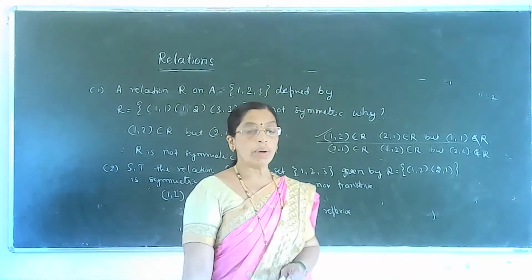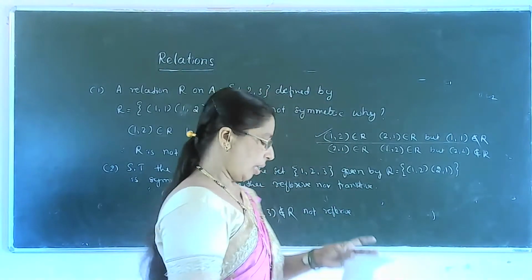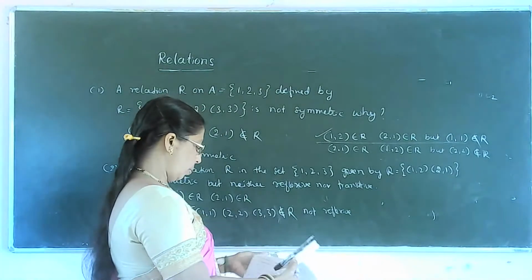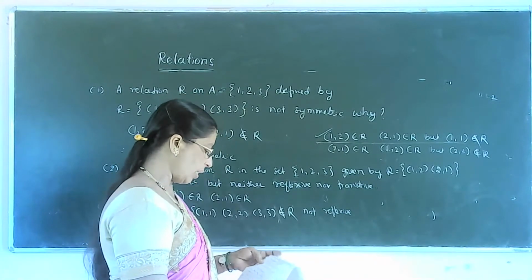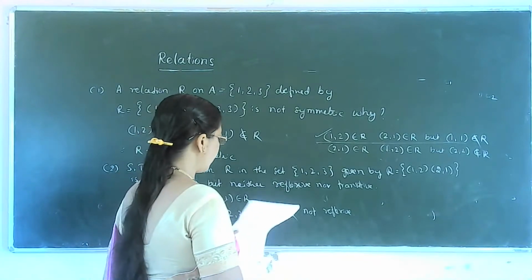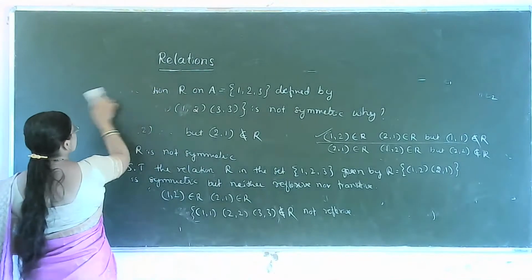Sometimes they ask you to give an example of a relation that is reflexive and symmetric but not transitive, like this. I will give you all these examples.